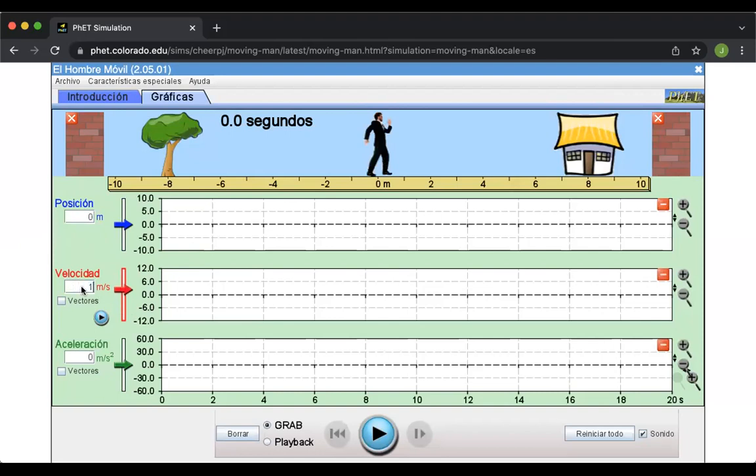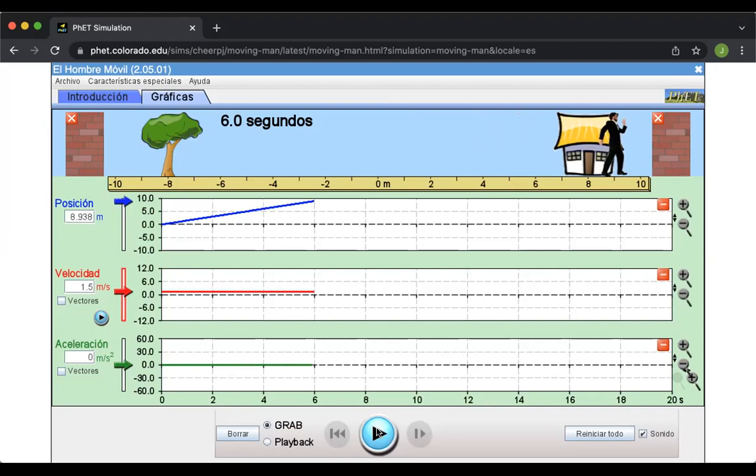If I play this movement, okay, look at the position time graph. Yeah, it's a line, and it's not a picture of the runner. Yeah, it's a straight line with a slope, while the man or the runner is moving to the wall.